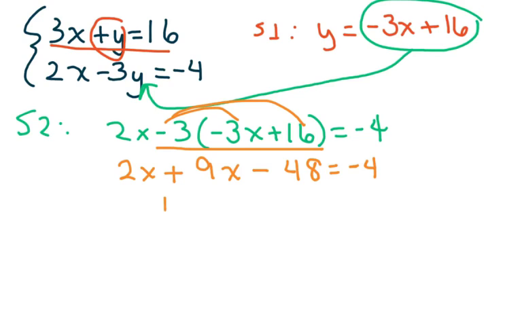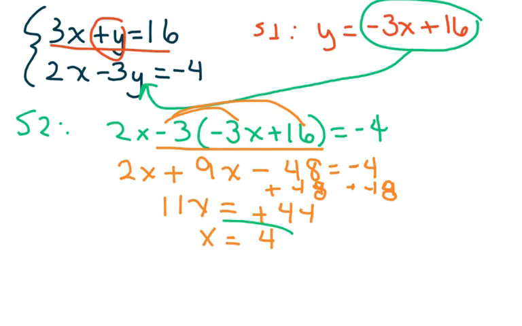So basically we get 11x equals, we're going to add 48 to both sides. Little dyslexic here. I'm always thinking the answer, so that equals positive 44. So x equals 4.